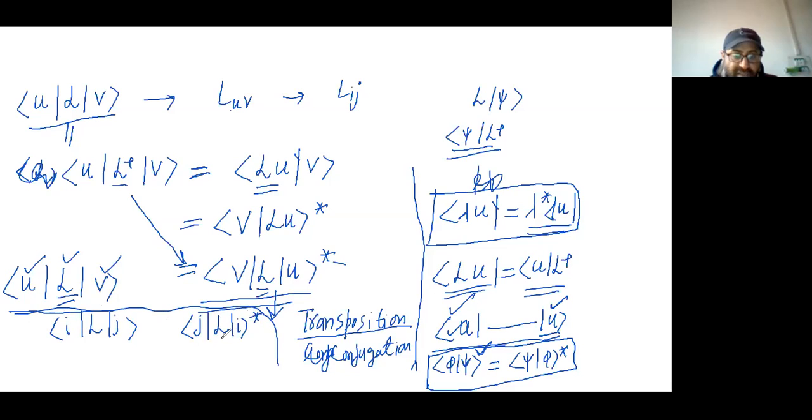This looks like L, but it is actually the L adjoint. So our original operator was Lij. The adjoint operator is Lji conjugate. Given an operator whose matrix element is Lij, the matrix elements of its adjoint operator are Lji conjugate.